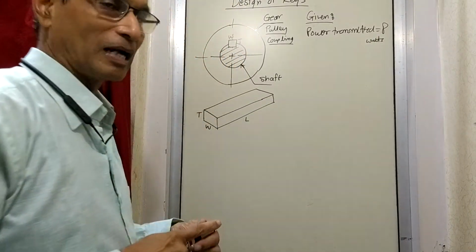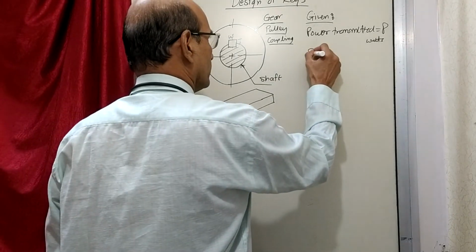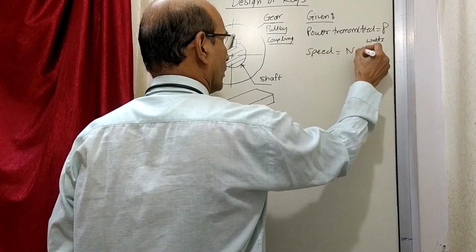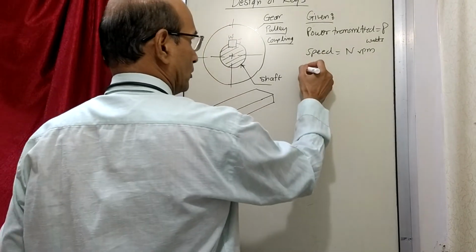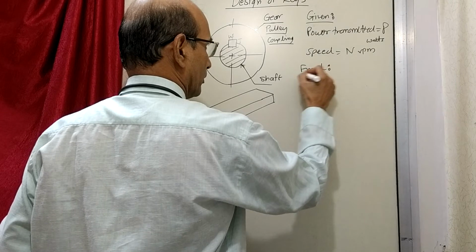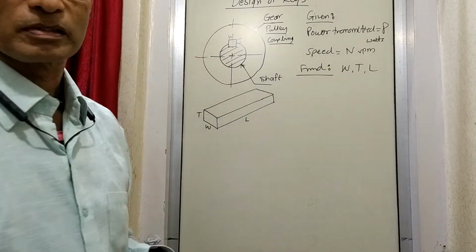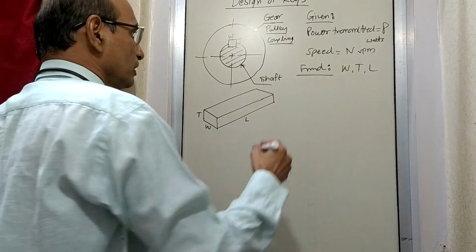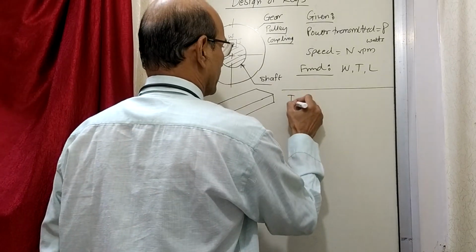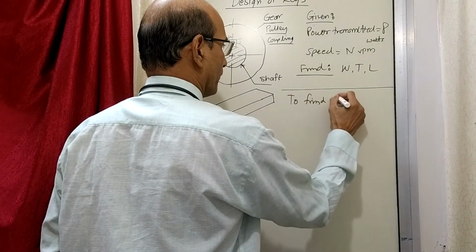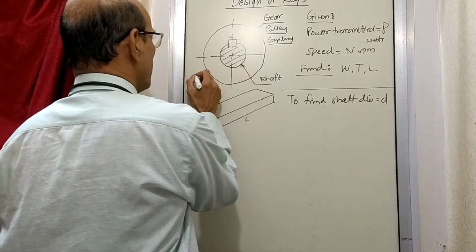How much is the power transmitted is given to us, and the speed is also given, and then we are asked to find W and T and L, that is the size of the key. When we begin this exercise, the first thing we have to do is to find the shaft diameter. This shaft diameter is D.